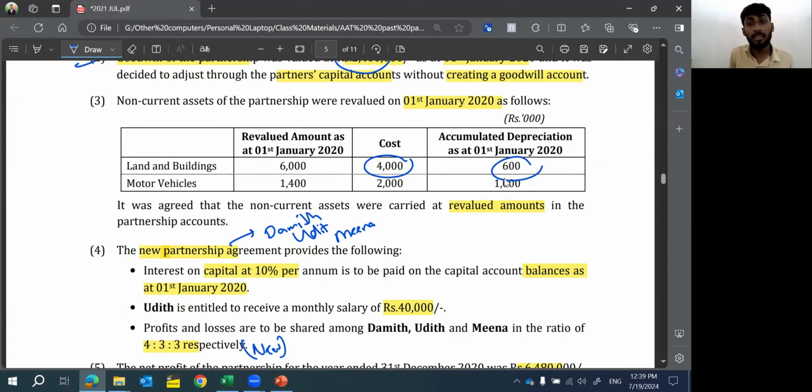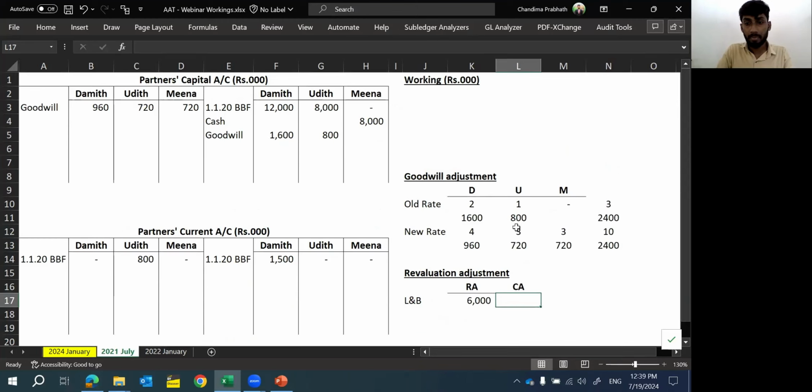So the carrying amount is 4,000 less 600, which is 3,400. Very easy, no? Cost less accumulated depreciation. The carrying amount is 3,400, and we have revalued it to 6,000. It's an increase in the carrying amount, which means this is a gain.